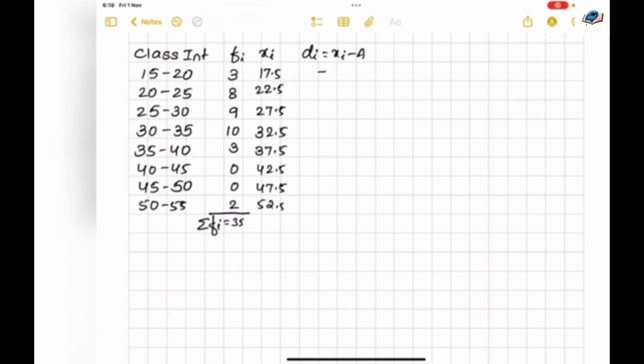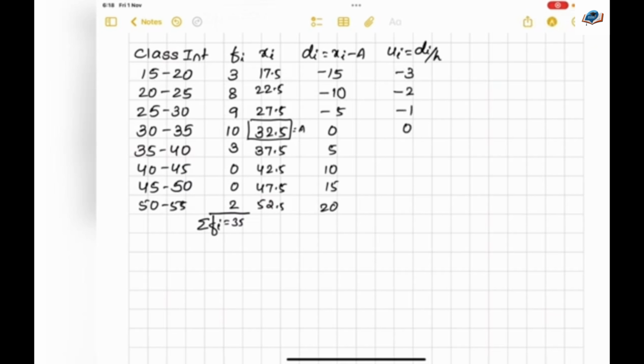Now, di will be xi minus a. So that is minus 15. A I have taken 32.5, the fourth value. Minus 15, minus 10, minus 5, 0, 5, 10, 15, and 20. Ui will be equal to di upon h. So difference is of 5. So minus 15 upon 5 will be minus 3.